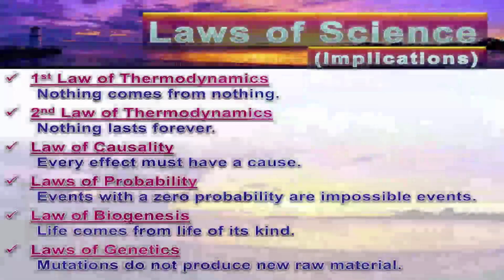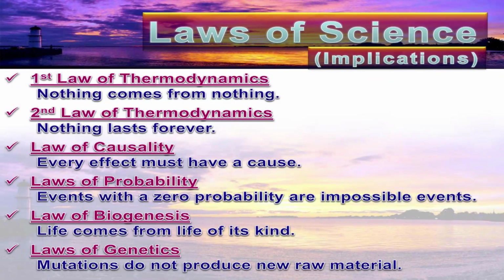We already looked at some of the specific evidences for the Big Bang, but we want to look at Darwinian evolution now as well. And these are the implications of the 6 sets of laws that we looked at in our previous 4 sessions. And what we found is that the laws of science stand as testaments against naturalistic evolution.